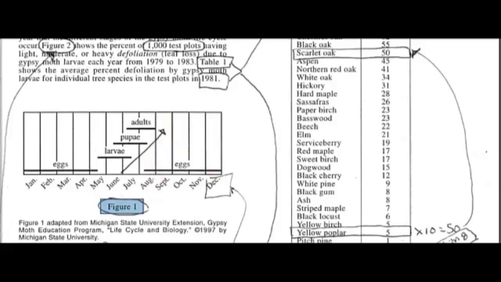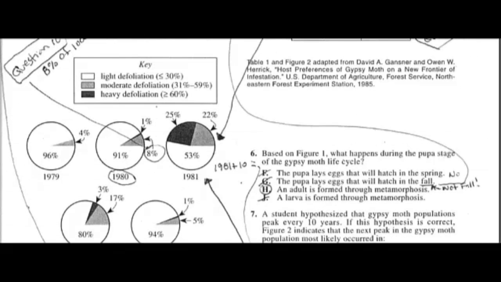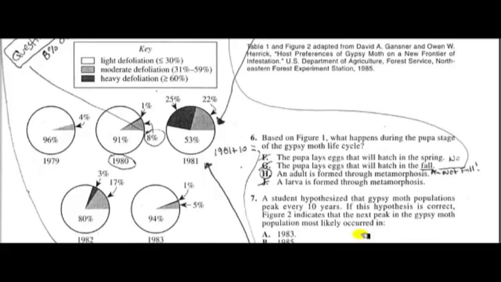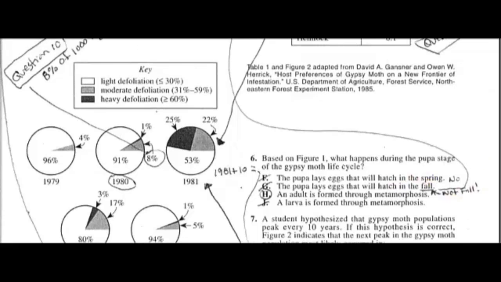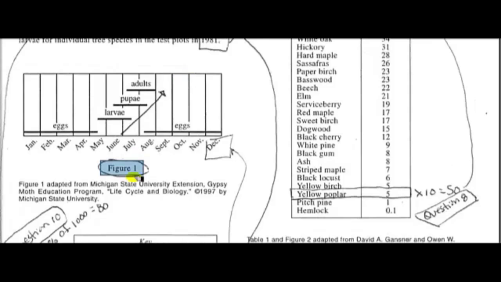So when we come over here and start taking a look at some of the answer choices, we know that answer choice F says this. The pupa lay eggs that will hatch in the spring. We look over here. Pupa are not fully adult yet, so they cannot lay eggs. And do they lay eggs in the spring?